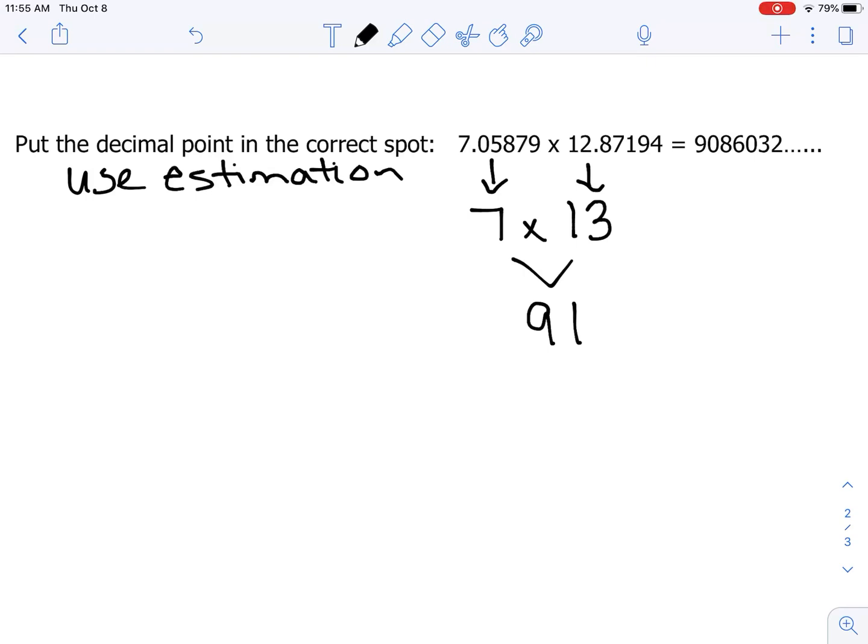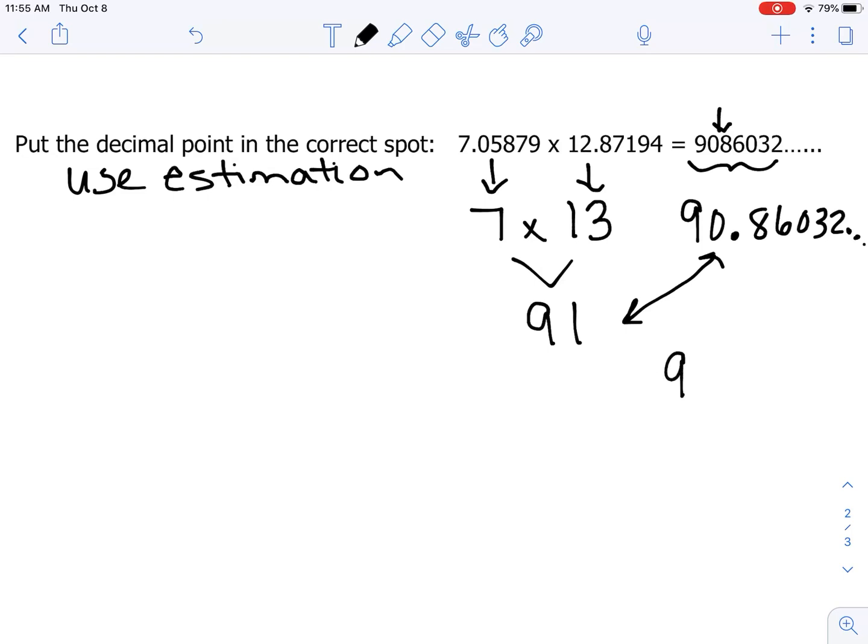Well, where would an appropriate spot be to put the decimal point in this number here? It would have to be between the 0 and the 8. And I'm just going to write it in here. If I put it between the 0 and 8, that makes this 90.86, and that is really close to the 91. So that's the appropriate spot for it.